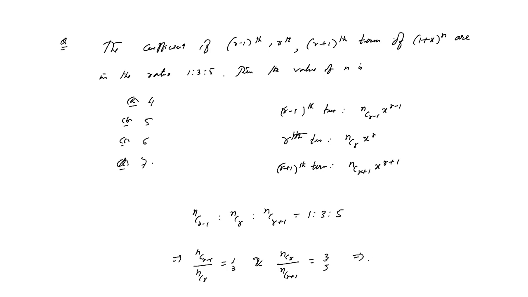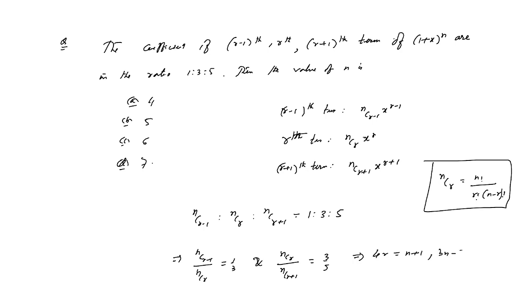Here just use the formula NCr equals n factorial by r factorial n minus r factorial. You will see the relation: in the first case 4r equals n plus 1, and in the second case 8r equals 3n minus 5.